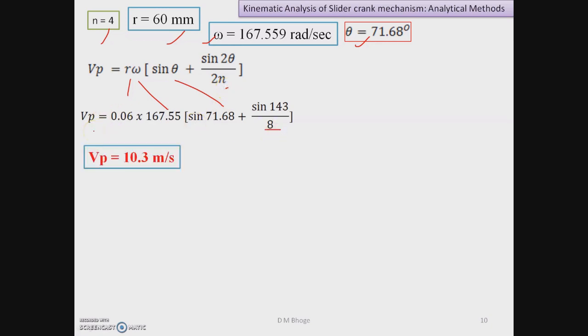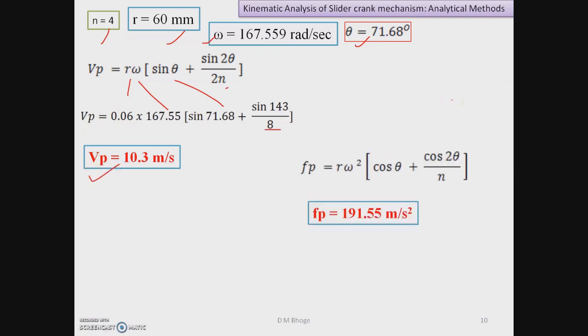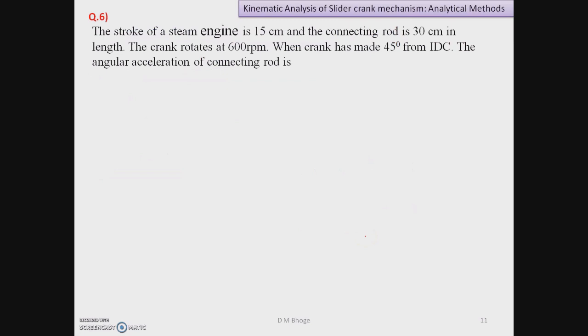So we get velocity of piston as 10.3 meter per second. Now for acceleration of piston, we'll substitute these values in this equation so that we get Fp equals 191.55 meter per second square.